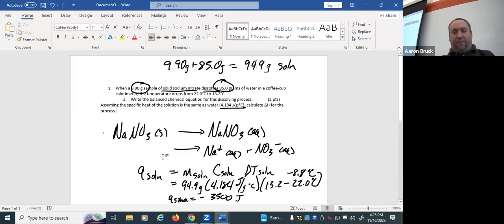And so if I look at pi bonds, what I'm looking at is instead of that side-to-side overlap, where we've got the orbitals directly on top of each other, in a pi bond, we get them parallel to each other like this. And so you can see there's not as much overlap here because I can't get these orbitals close enough to each other to actually get them to overlap directly.